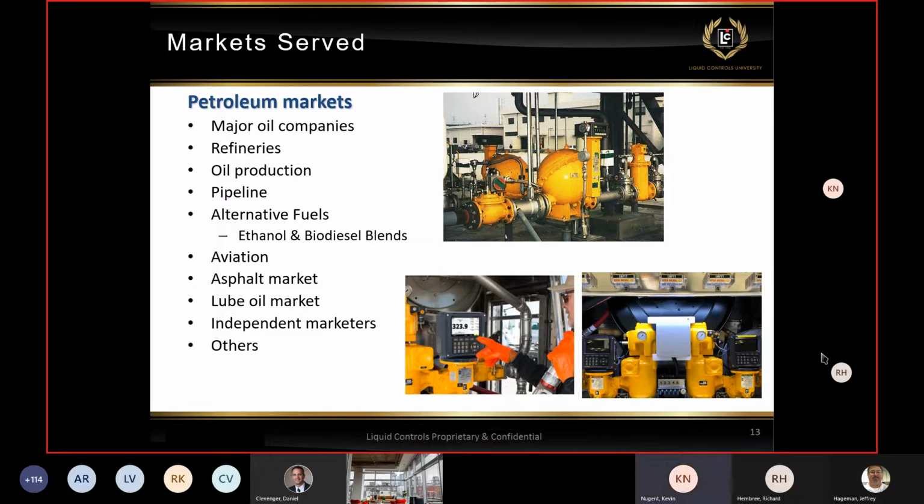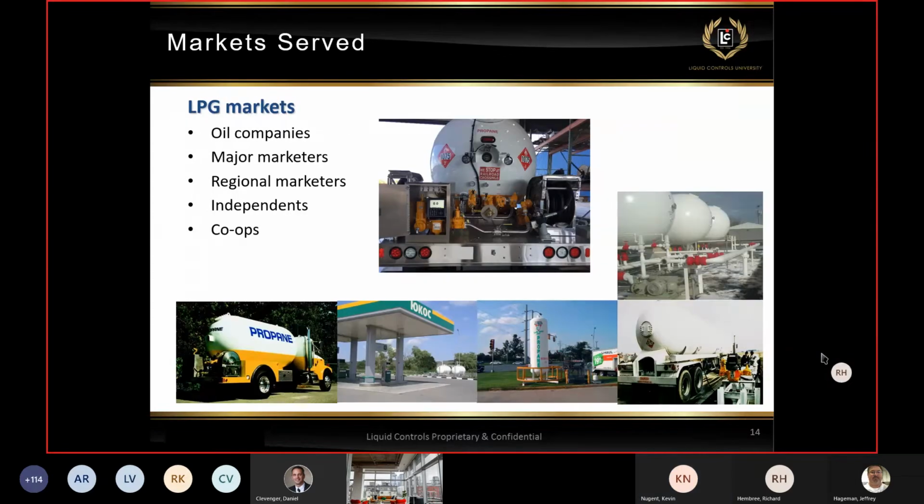The other markets or marketers are independents, and we see some examples of the meters in applications there. We have our steel case meter with control valve, and we see some applications on refined fuel trucks there. Another market we're very strong in, that we serve very well, along with you, our channel partners, is the liquid propane gas application.